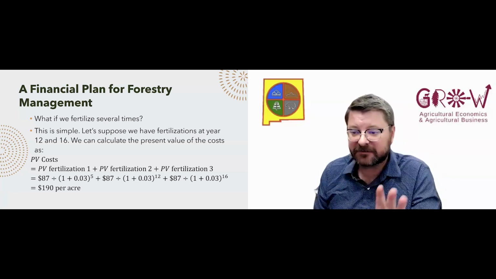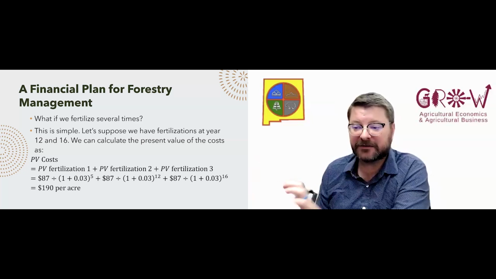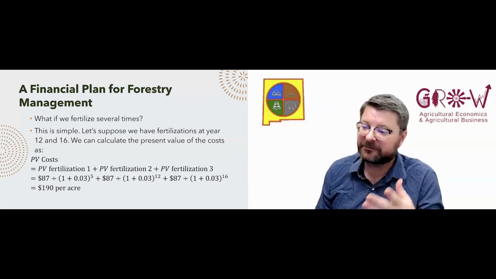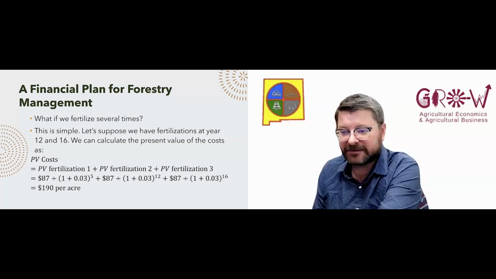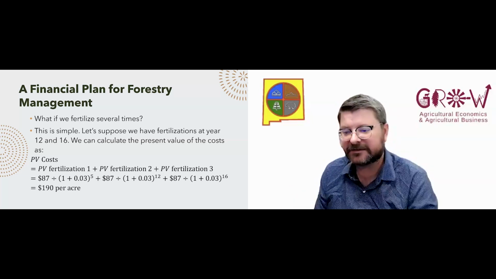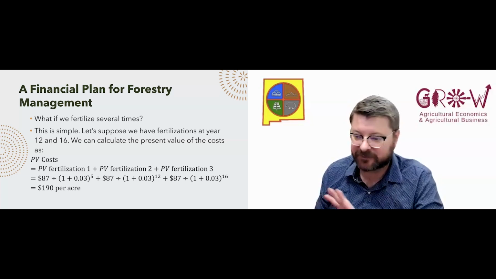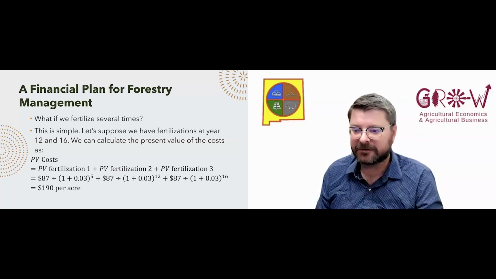Then we just go to our equation and add each of those discounted values that we calculate. So now we're going at 5, we already calculated that one, and then 12, that's the second part of that equation, and then 16. So the present value of all of the costs for fertilization would be $190 per acre.